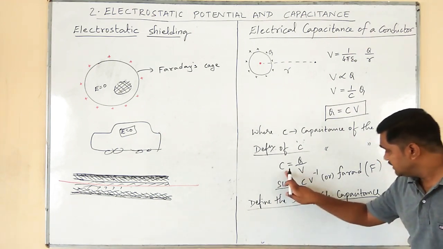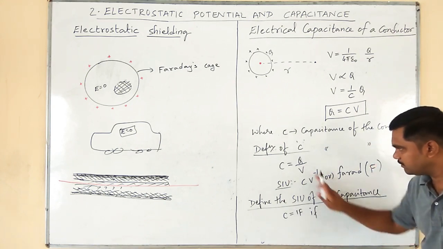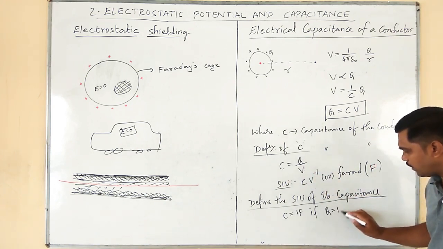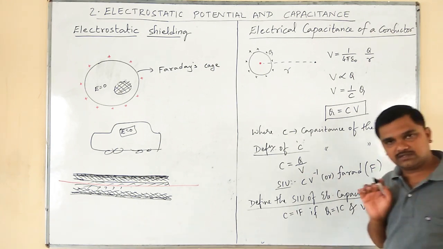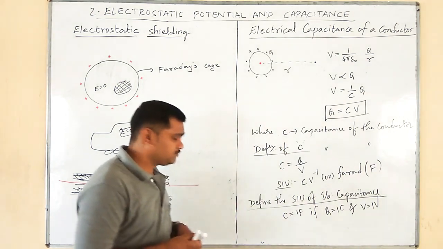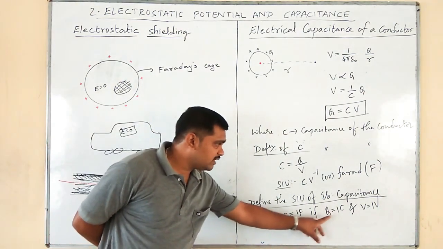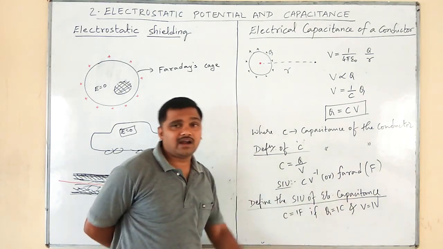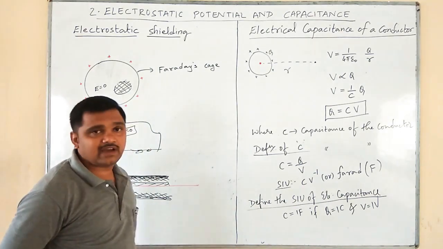See, C is equal to 1 farad if Q is equal to 1 coulomb and V is equal to 1 volt. Can you define this? What does it mean? How to define 1 farad?